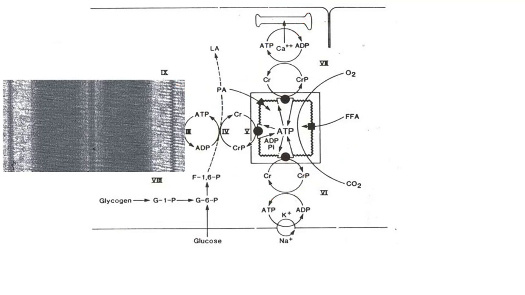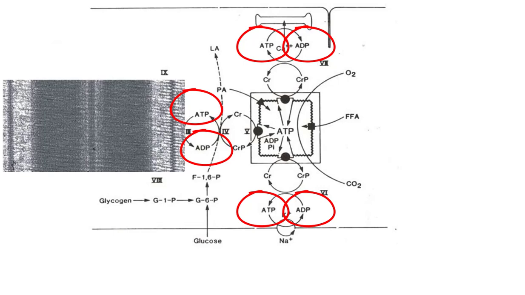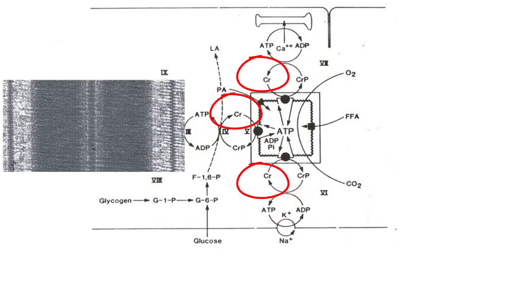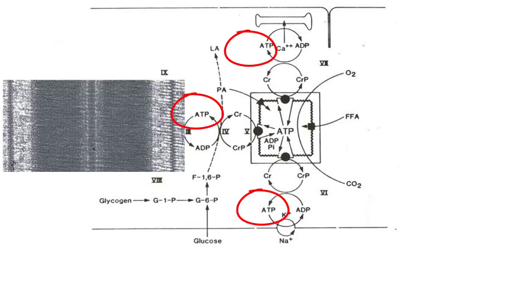At the site of these ATPases are the creatine kinase enzyme and creatine phosphate. Creatine kinase catalyzes the phosphorylation of ADP to make ATP, utilizing creatine phosphate and producing creatine. At this level, the net direction of the creatine kinase reaction is toward ATP formation.